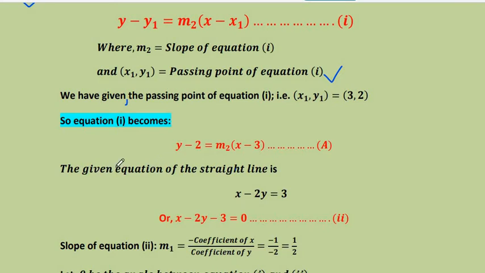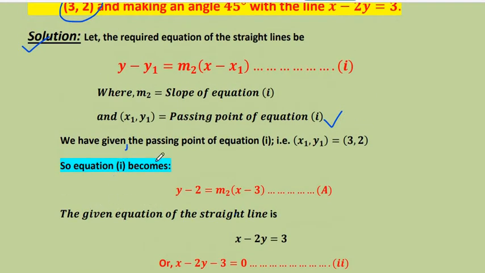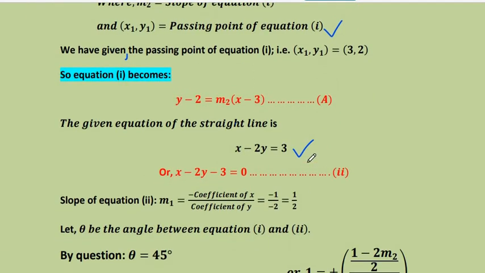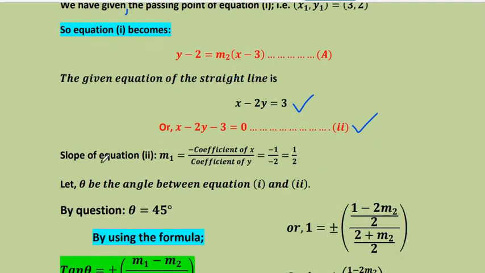Now we have the given equation: x minus 2y equals 3, and we can change it into the general form of linear equations. So it becomes x minus 2y minus 3 equals 0. I have considered it as equation II, and then I have found the slope of equation II.